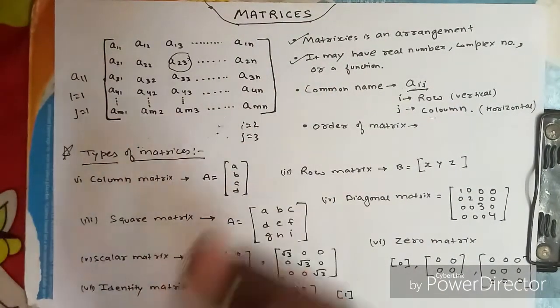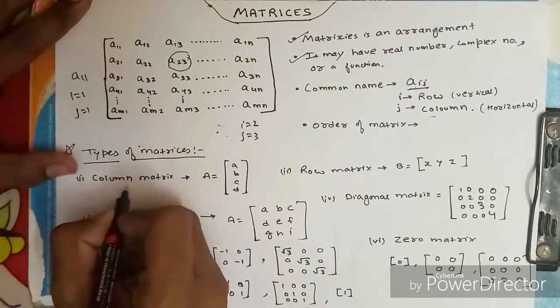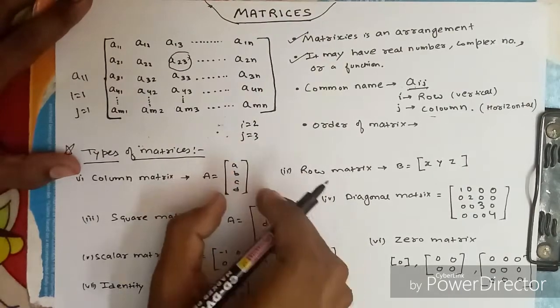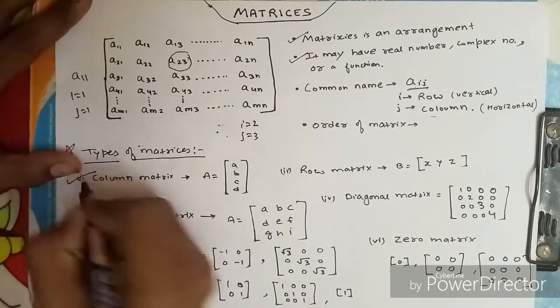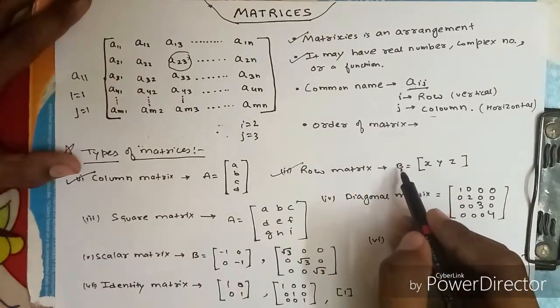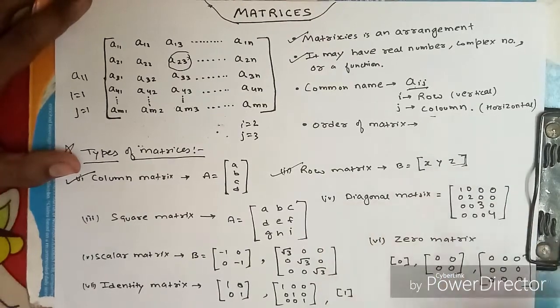So let us take the next part, that is types of matrices. What are the types of matrices? First, the column matrix, means all the elements lie in a single column. The second is the row matrix, where all the elements of the matrix lie in a row.